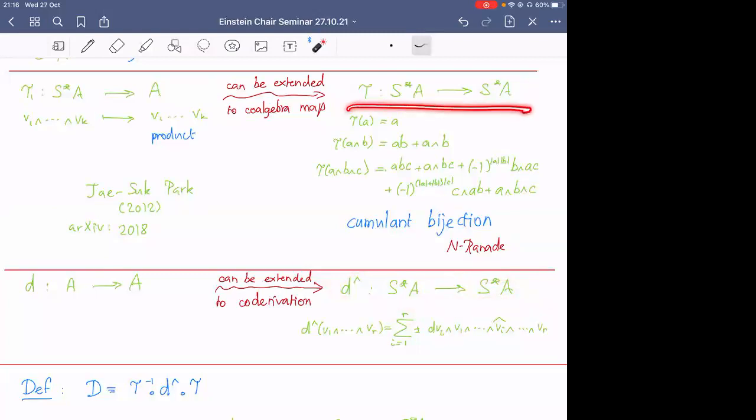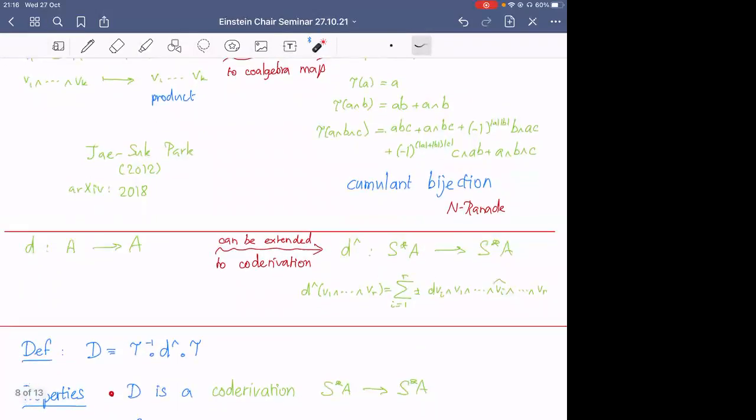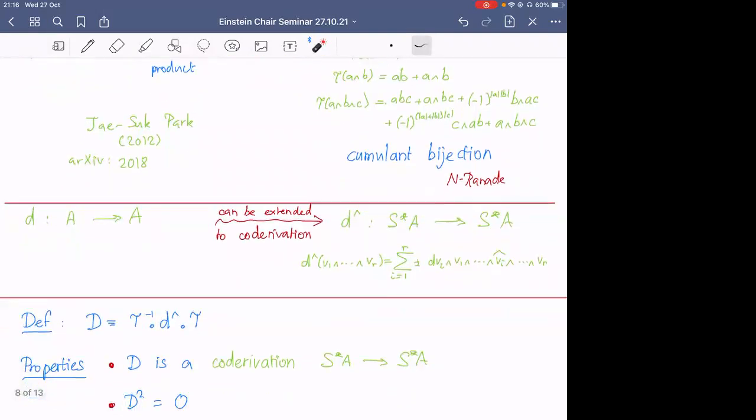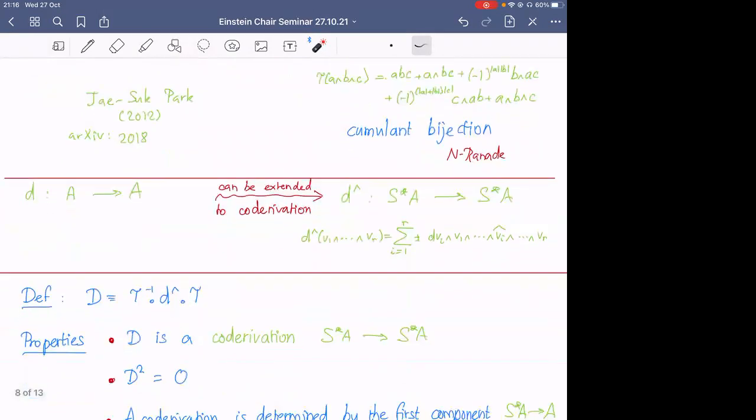Tau is a coalgebra map, and we conjugate D hat by tau, and that will then still be a co-derivation. So we have a map from S star A to S star A, which is a co-derivation, just a conjugate of the original co-derivation. Because D squared was 0, D hat squared is 0, and so this big D squared is 0. It's a conjugate of something whose square is 0.